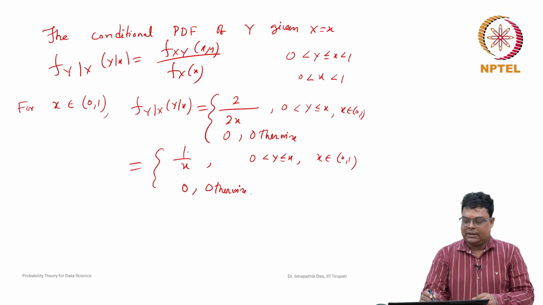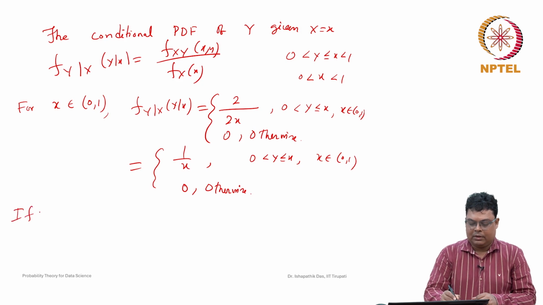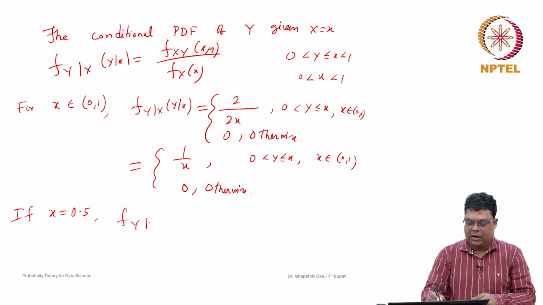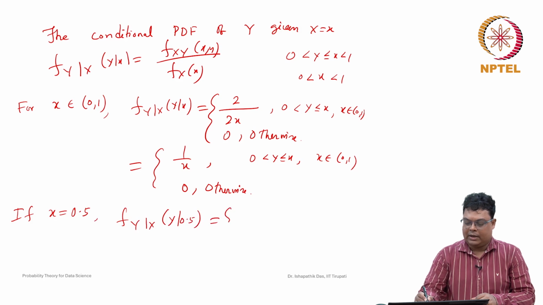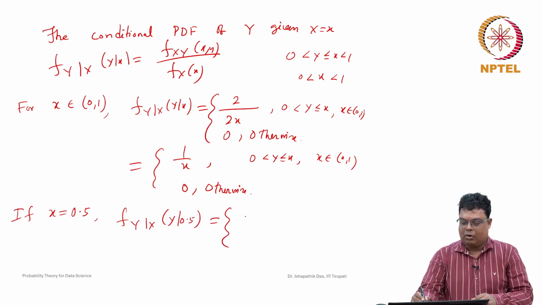So whenever x is equal to, suppose, 0.5, then the probability density function f of y given x, y given 0.5, is nothing but 1 by x, 1 by 0.5, which is nothing but 2.